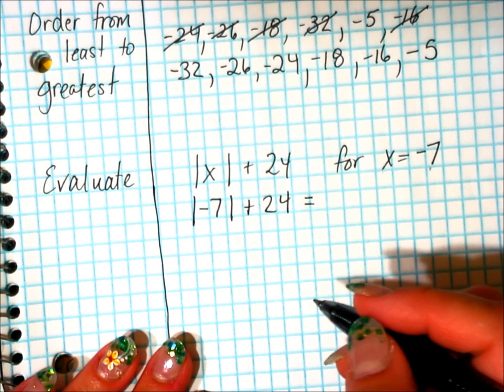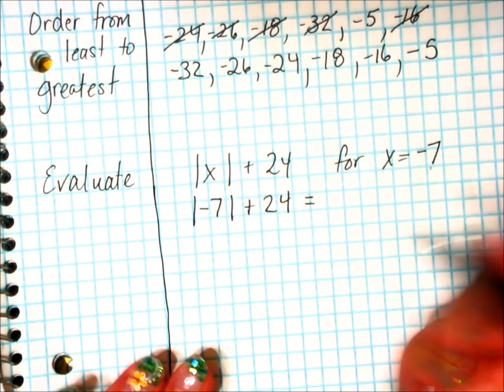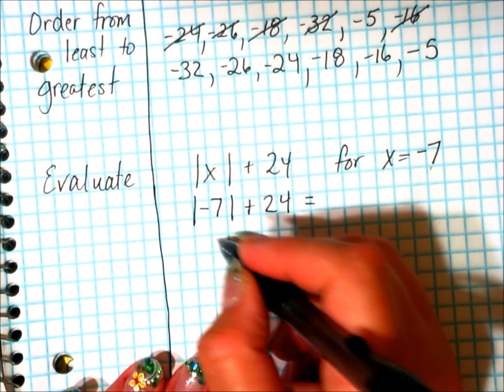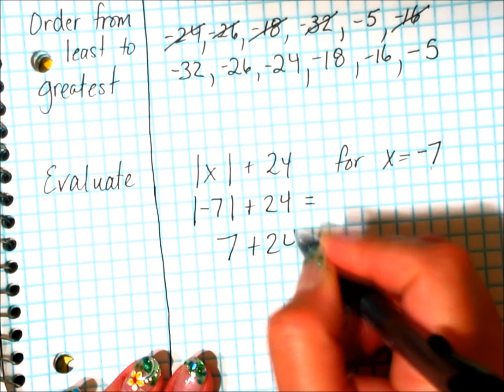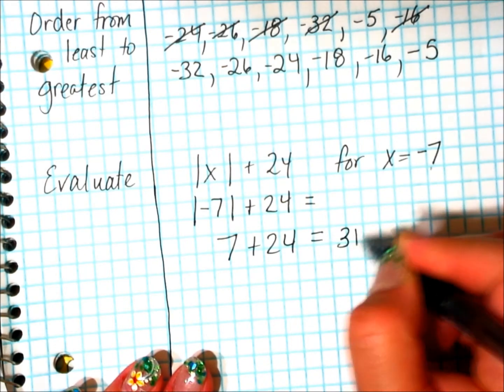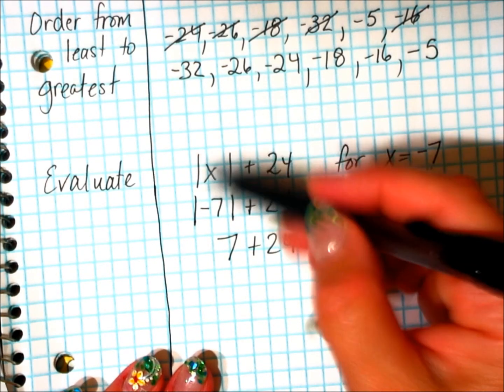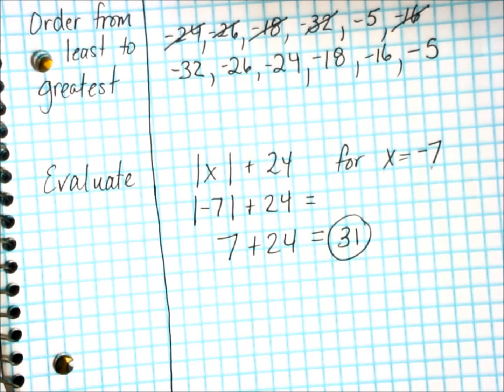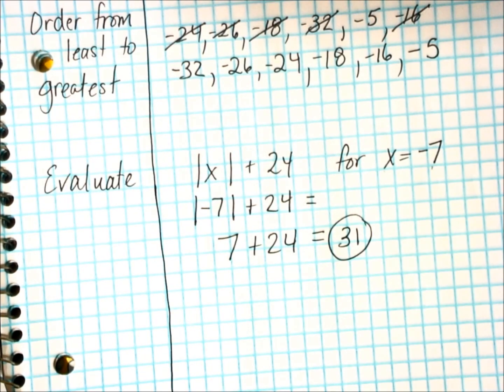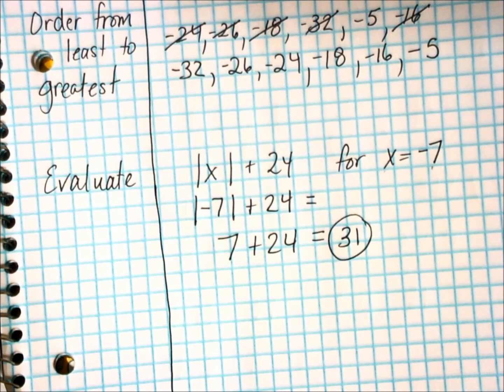Kind of treat it like parentheses. So the absolute value of negative 7 is 7 plus 24, so we're looking at 31. But you can't take the absolute value of x and get positive x because we don't know what x is. So we have to do the substituting before we actually start doing the problem.